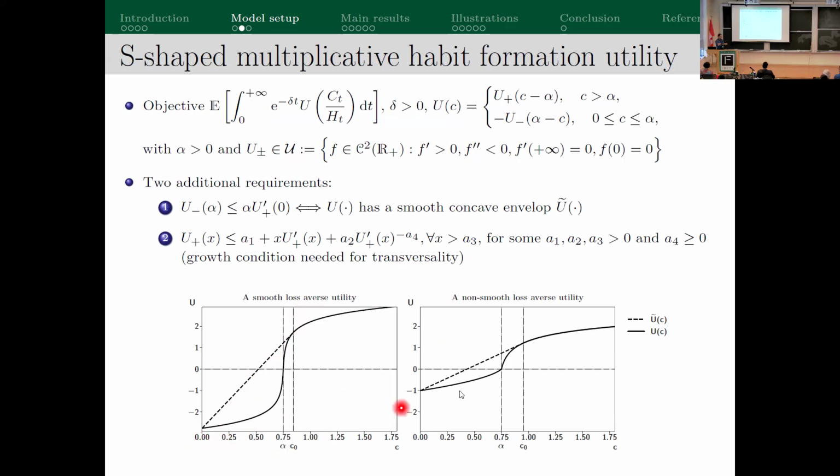It can be non-smooth at 0, but its concave envelope should be smooth. It's a very typical assumption in S-shaped utility. I'm not inventing it. The other one is a growth condition on U when it gets super large. Again, I need this for transversality technical conditions. So apart from those, these things are pretty general, okay?